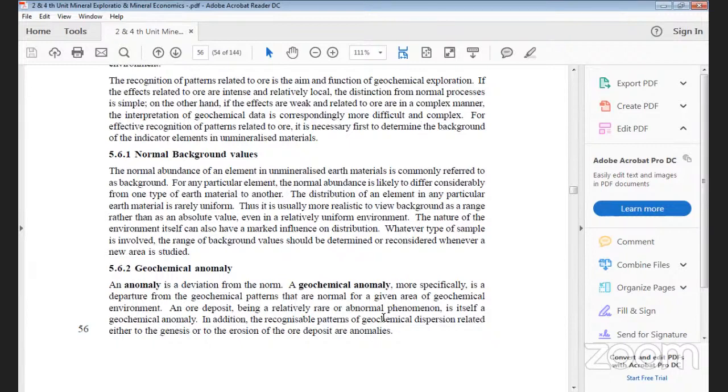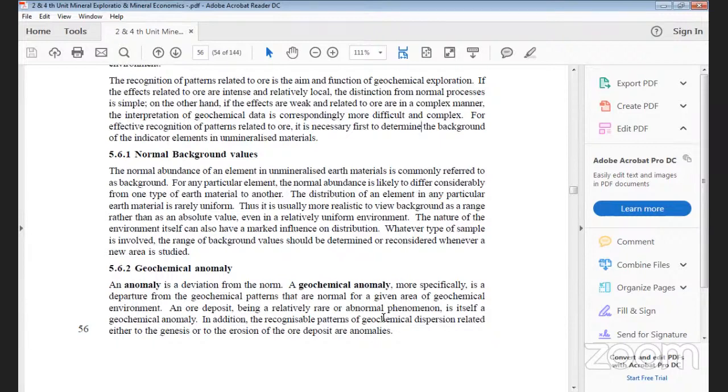If we get an average above 1 ppm, maybe around 10 ppm or 15 ppm, up to 20 or 50, 55 ppm in soils, you can check that. Normally uranium is present in soils at about 1 ppm. If it exceeds that, if we get a value above 1 ppm, it is called above the background value.